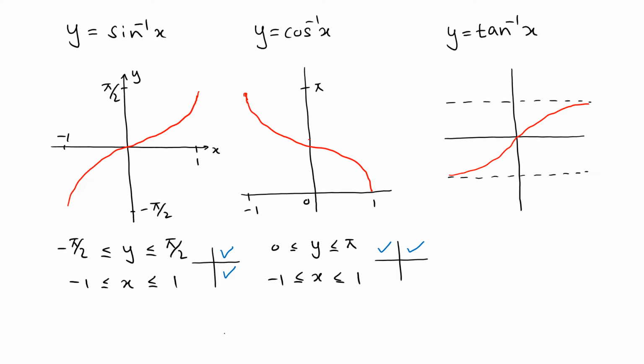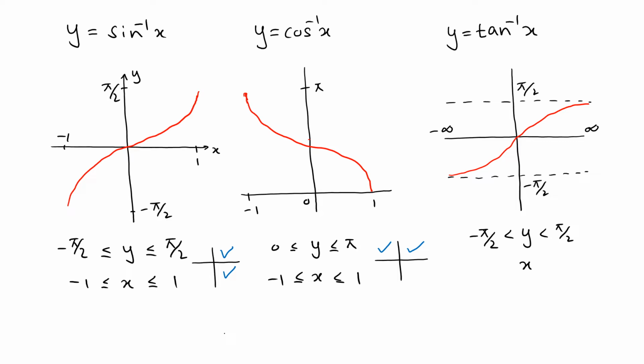And then if you go to tan inverse, the x values range from negative infinity to positive infinity. The range goes from negative pi over 2 to positive pi over 2, so y is between negative pi over 2 and positive pi over 2, excluding the corners.